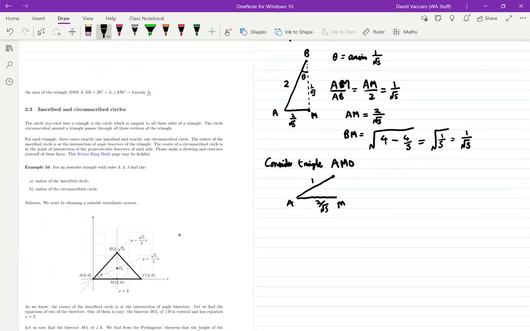AO is the radius of the circle, so AO is 1.